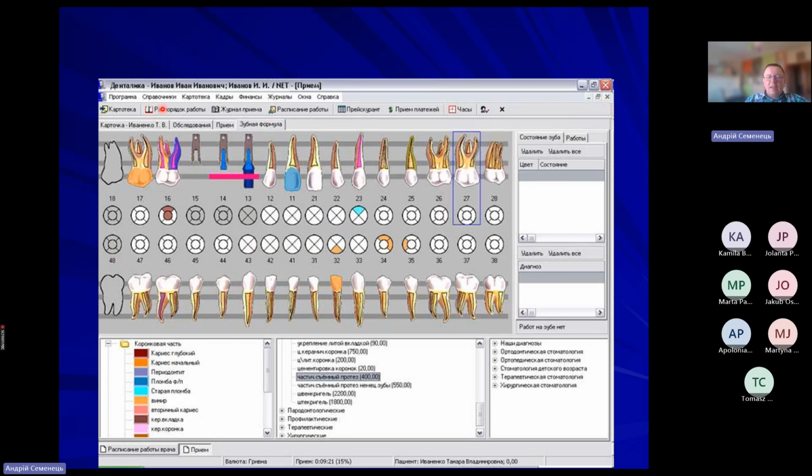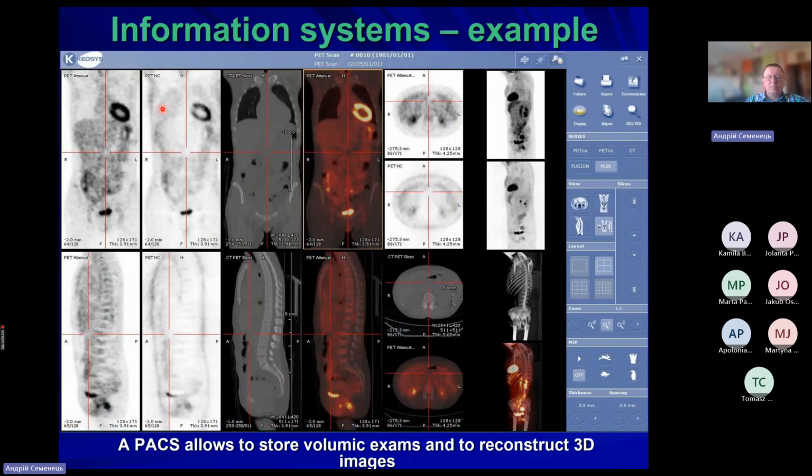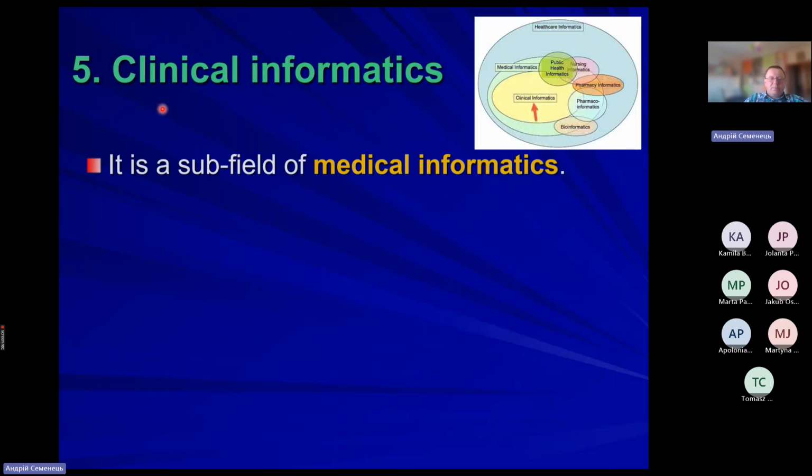So all these things have to be stored at once. And similar in this case for dentistry, a dedicated solution for processing medical images, which became possible after the development of modern computer tomography systems.